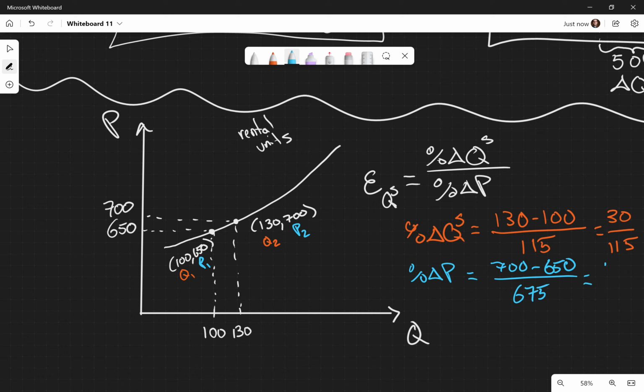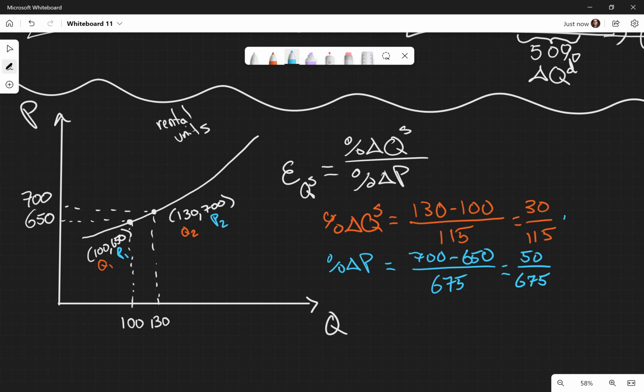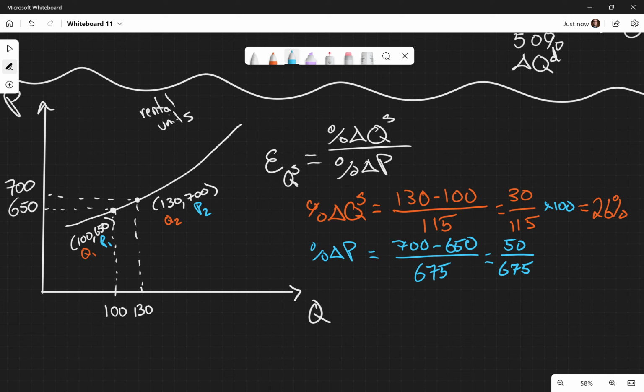This is going to give me 50 over 675. So 30 divided by 115 times 100 is equal to 26%. The percentage change in quantity was 26%. And the percentage change in the price is 50 divided by 675 times 100, so this is going to be 7.4%.